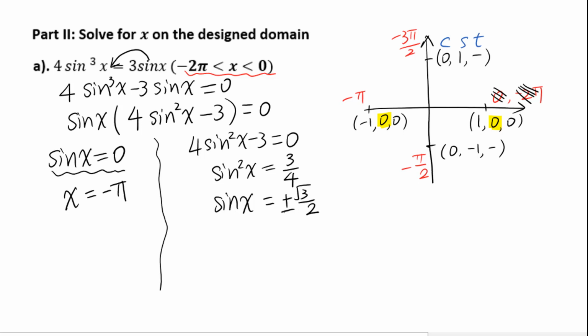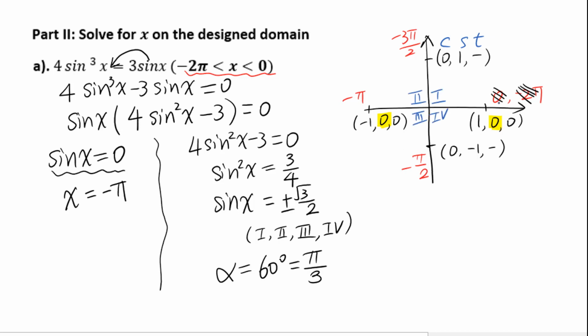Since sine x equals positive and negative square root of 3 over 2, it will go to all 4 quadrants. Reference angle is 60 degrees, that is pi over 3. From this 0, go this way, then stop at negative 2 pi. In the fourth quadrant, that is negative pi over 3.